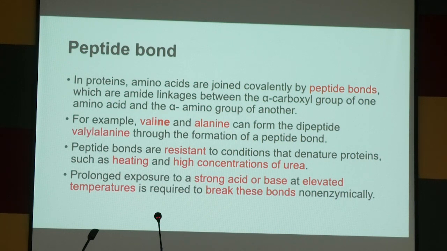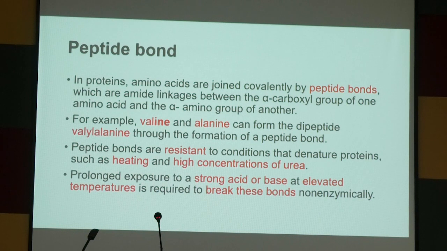Later we will study denaturation of protein. When we heat a functional protein or an enzyme, the structure of the protein changes because the bonds we have studied are broken down. Which bonds can be broken down by heating?